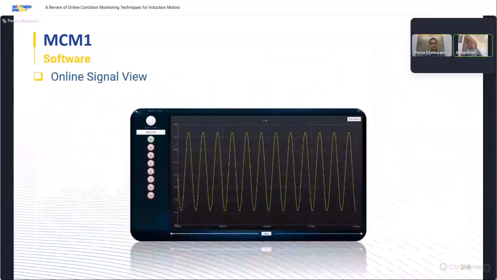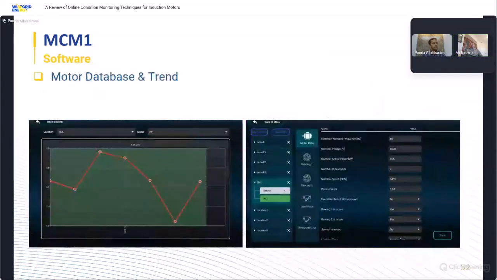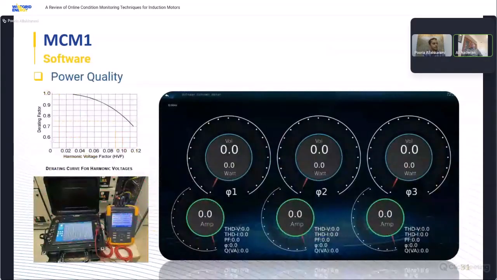But this is an all-in-one measurement device, and comparing the cost of it, it is a fraction of probably similar tools.